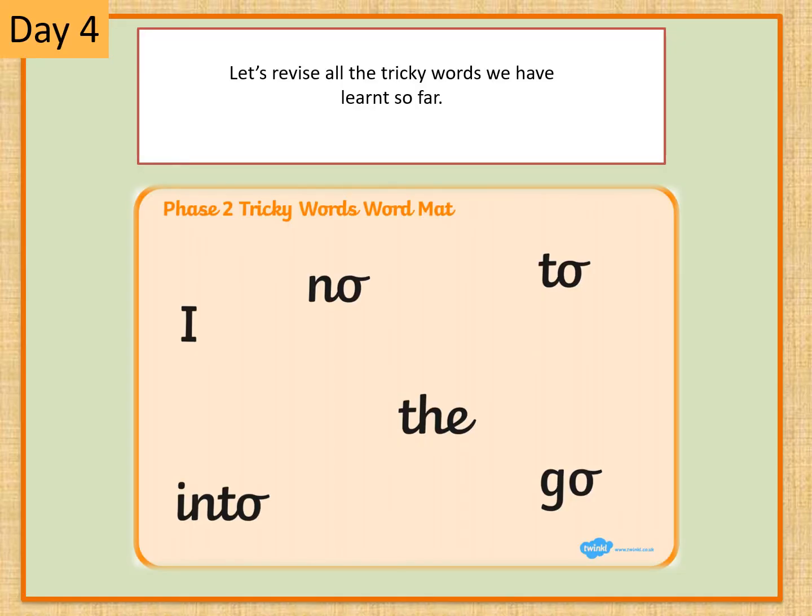To begin with, we're going to revise our tricky words. Now these are our tricky words from Phase 2, so I know that you will be really good at reading these words. Okay, our first word is I, no, to, the, go, and into.